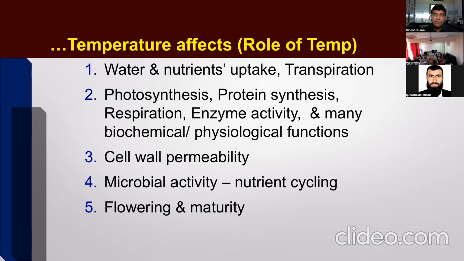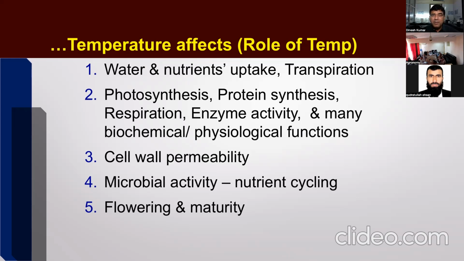Suppose water and nutrients are taken up from the root, they may not move into the plant parts because of reduced cell wall permeability. So cell wall permeability is affected by temperature.